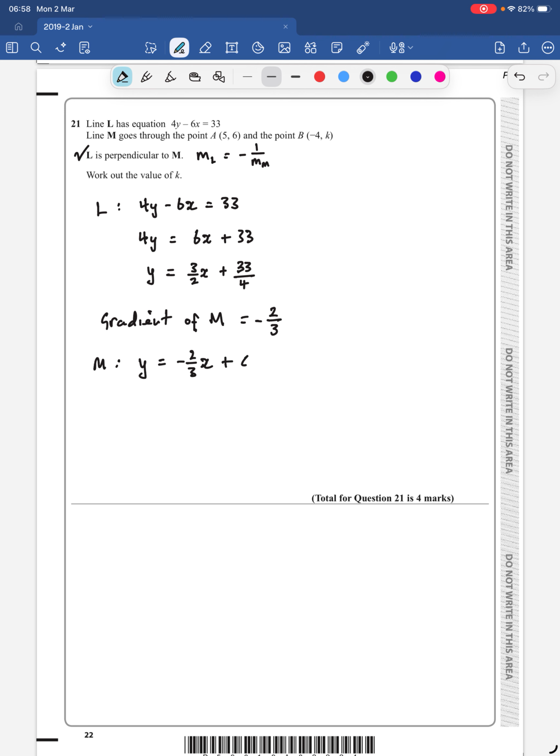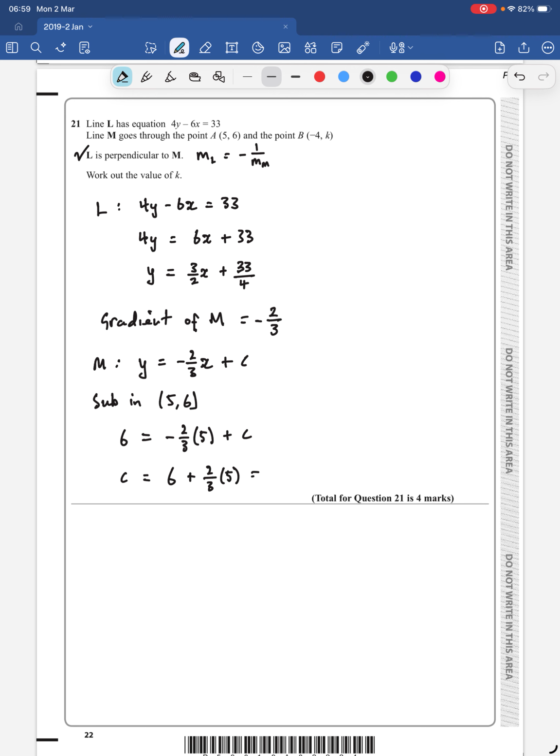And I need to substitute in something in order to find c. I don't know what c is. So I'm going to sub in the point 5, 6. And that means getting this right, because this is the y coordinate, the 6 is the y coordinate. 6 equals minus 2/3 of 5 plus c, and therefore c equals 6 plus 2/3 of 5.